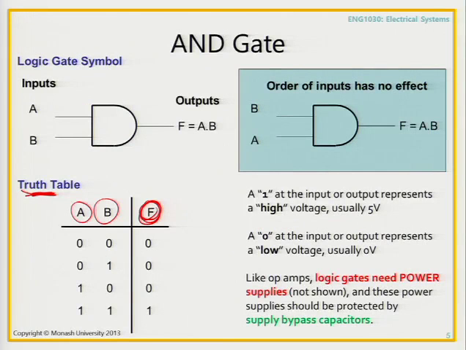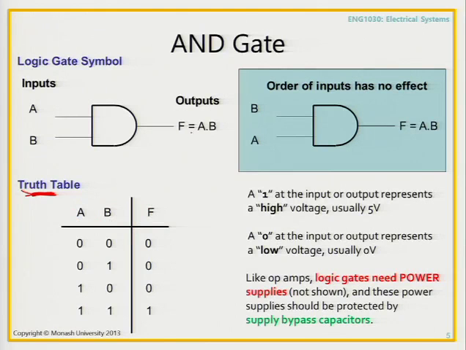Because we're working with digital circuits, these inputs can only be high or low voltages. A voltage high could be 5 volts, voltage low would be 0 volts, for example. Similarly, the output can only be high or low, so it's convenient to represent the inputs and outputs by zeros and ones.